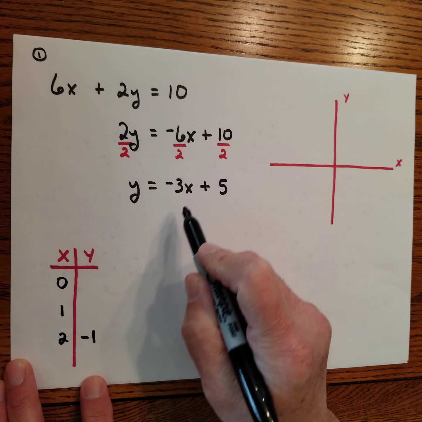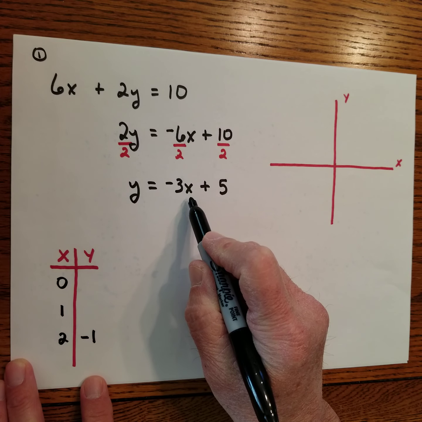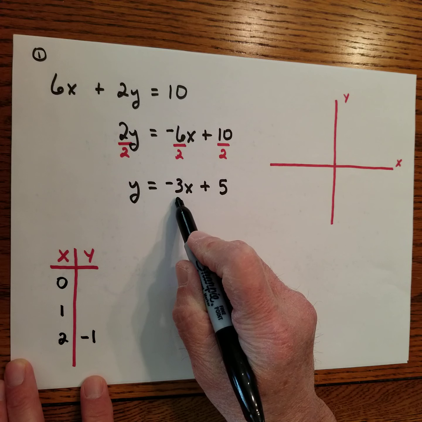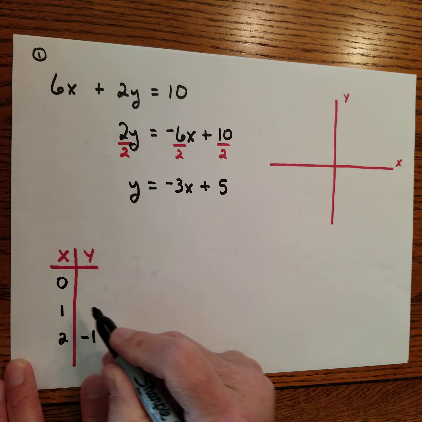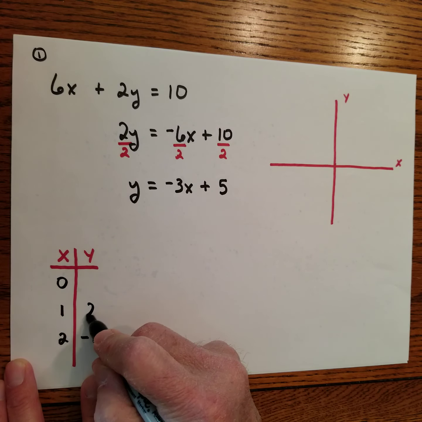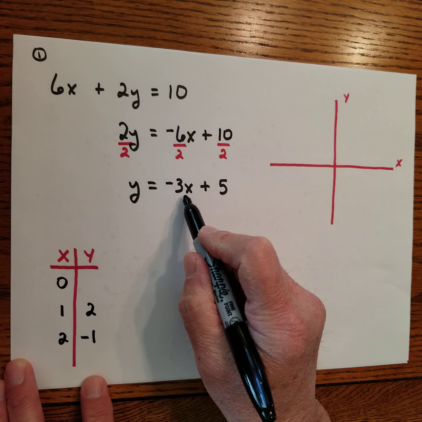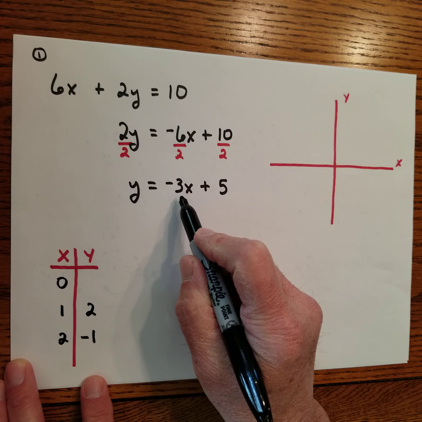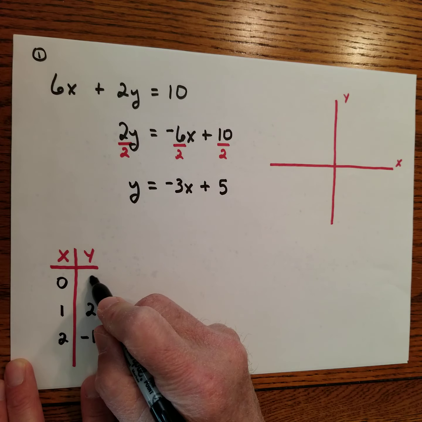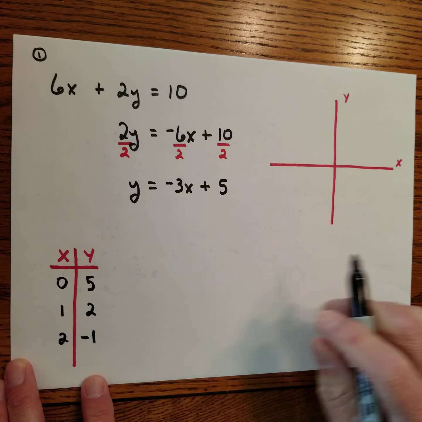I'm plugging in 1 for x. 1 times negative 3 is negative 3, and negative 3 plus 5 is 2. When I plug in 0, 0 times anything is 0, and 0 plus 5 is 5.